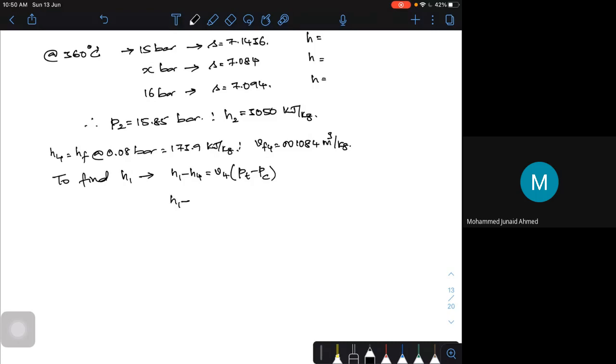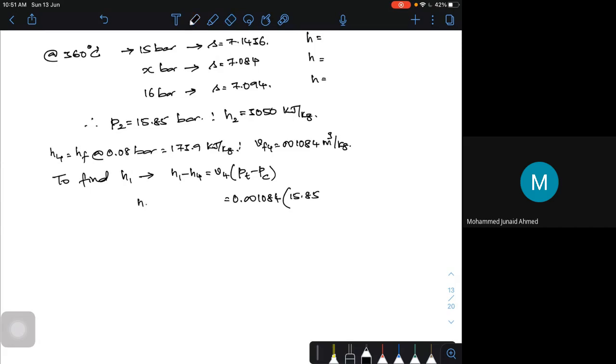H1 minus 173.9, with V4 equal to 0.001084, into P turbine, which we just found to be 15.85 bar. You have to put 10 to the power of 3 here also, then only you will get the values.